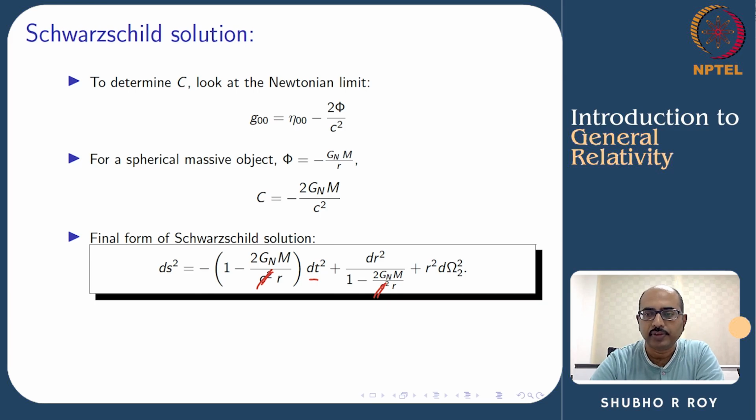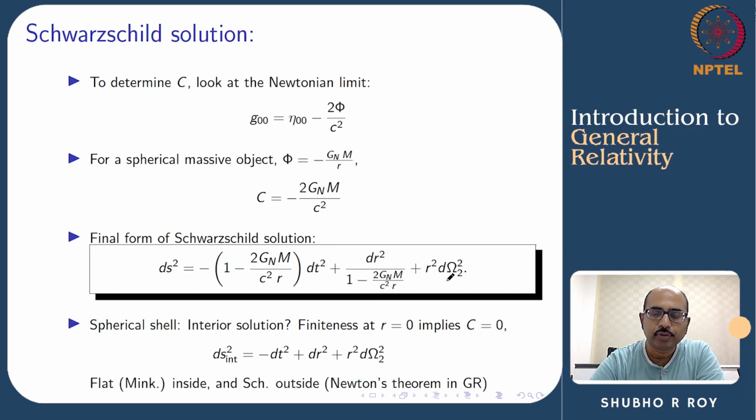We have succeeded in writing it down. And then we can ask: this is entirely outside the sphere, but what if I take a hollow sphere, or a spherical shell? Now inside is also vacuum because there is nothing anymore.